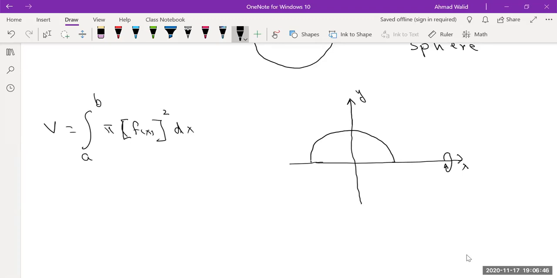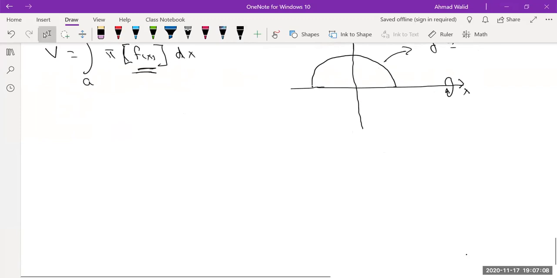Now, I need a function. You see here, I need a function. What is this function? What is y equal what? What is the function for half of the circle? I don't know the formula, or maybe some of you know it, but it's really easy to derive that function.